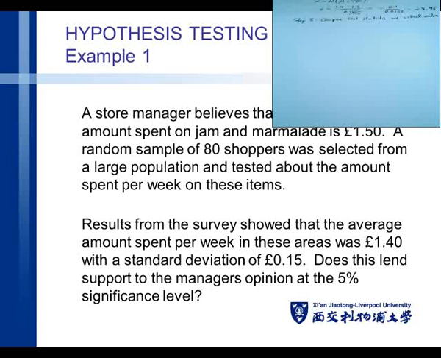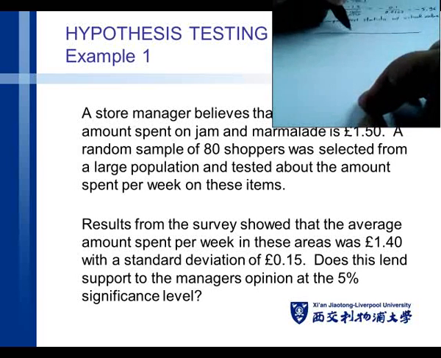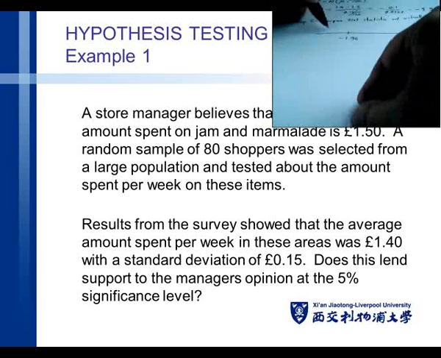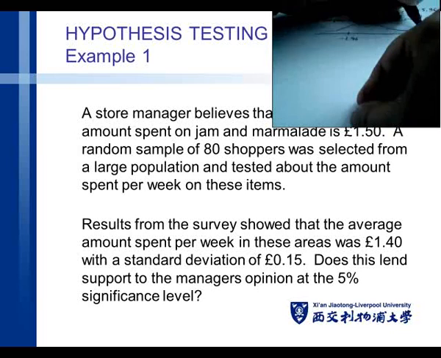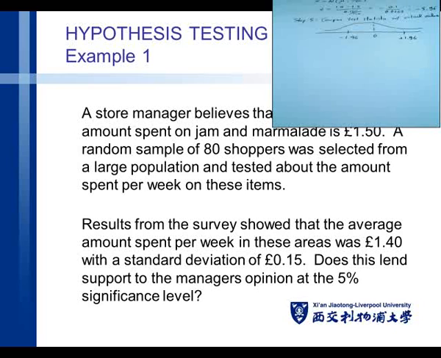So, the critical values that we had, minus 1.96 and plus 1.96, it's basically like this, right? So, where does it fall in the distribution?